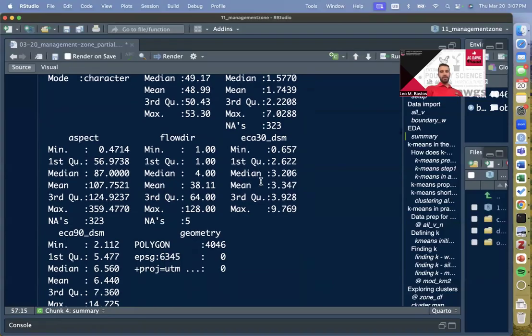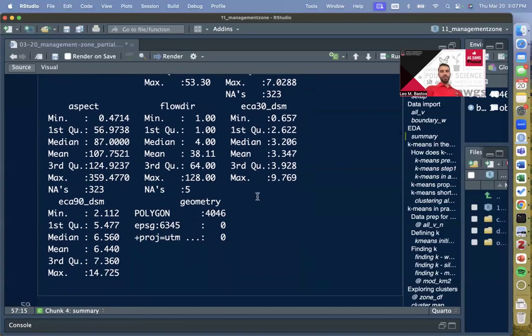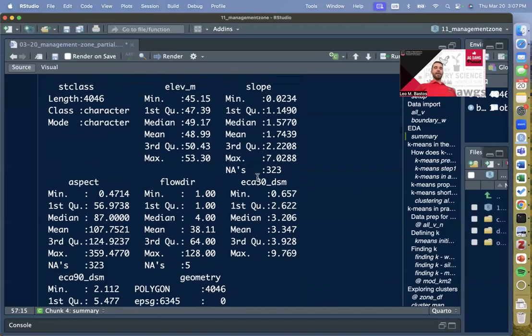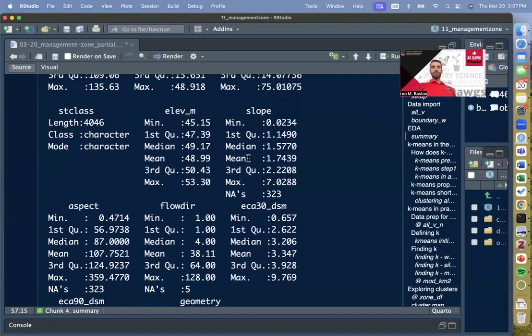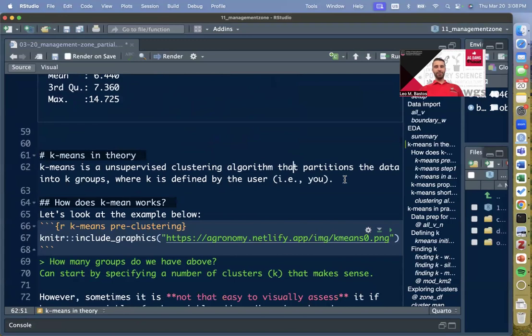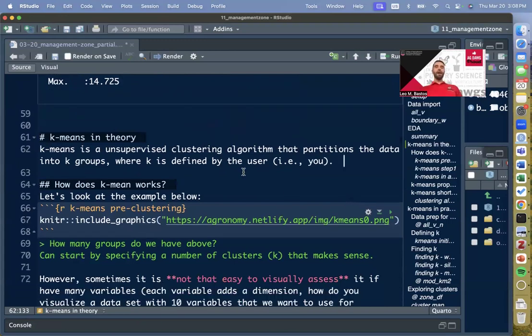And then ECa 30 and 90, no NAs. We already talked about why we have NAs in slope and aspect especially. I'm not going to talk about it again, but I want to make sure you're familiar with the reason why, because that is a good question for something at some point. So make sure you refer back to that conversation that we had, I think, last class.